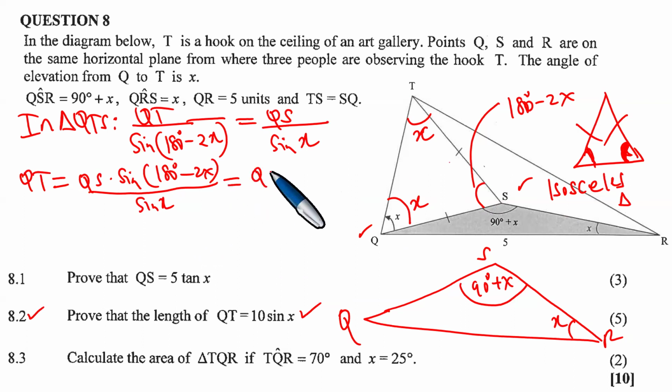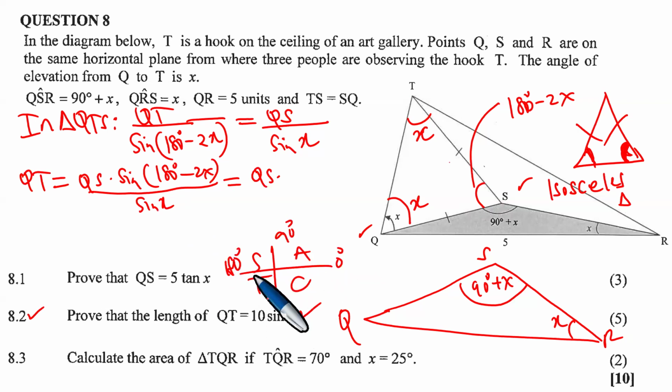In which quadrant is 180 minus 2x? By the CAST rule, with 0, 90, 180, 270, 360, 180 minus 2x is in the second quadrant, where sine is positive.